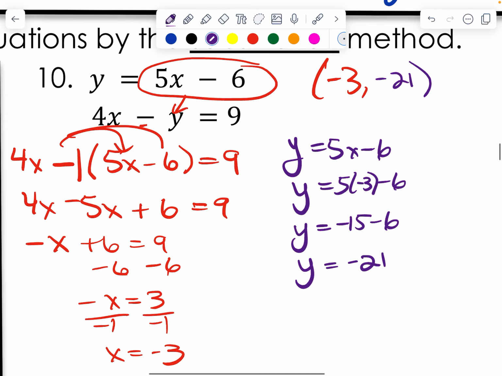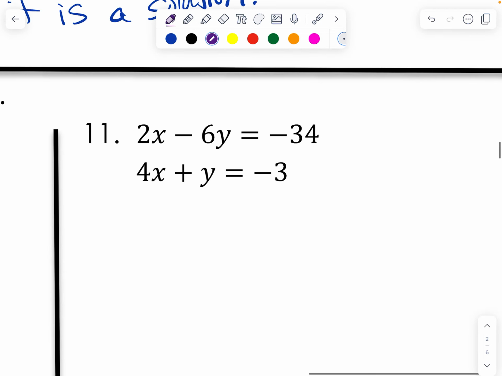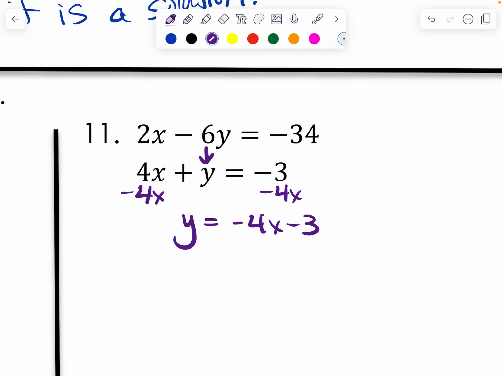Okay, so next one. I see that this one right here has a coefficient of 1, so I'm going to solve for it. So I'm going to subtract 4x from both sides. And y equals negative 4x minus 3.